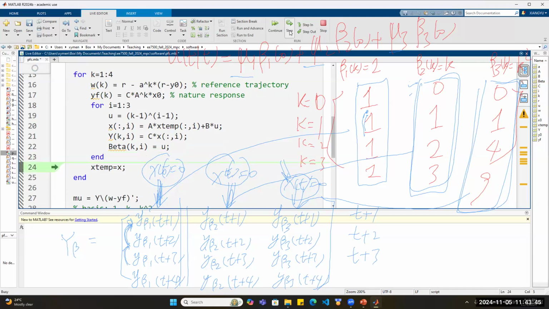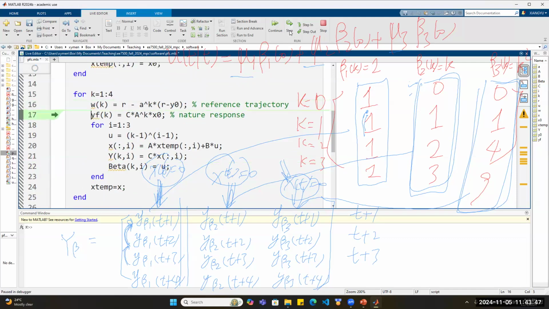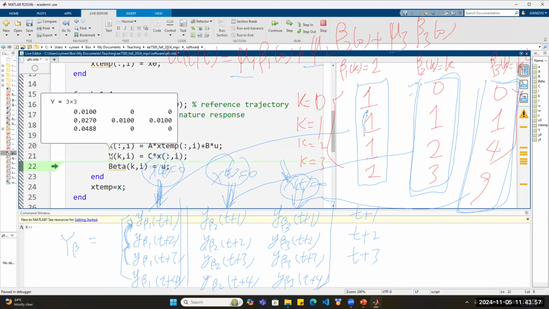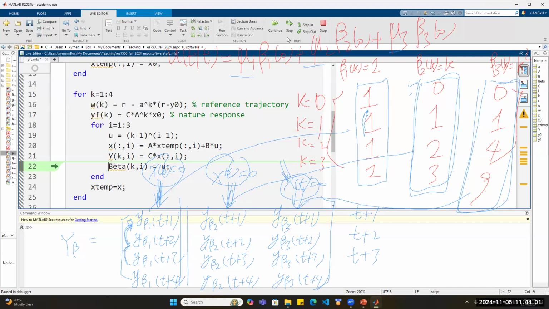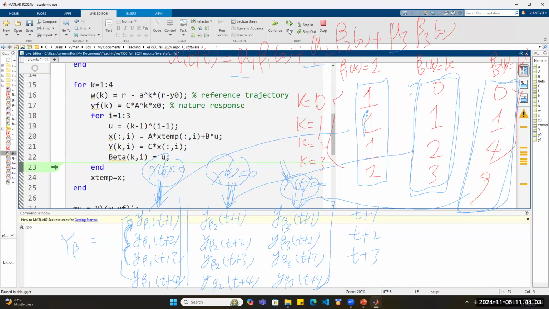So let's continue. Here U is 1. This Y corresponds to Y beta 1 T plus 3. Now this U is 2. When I is 2, this is the second column.